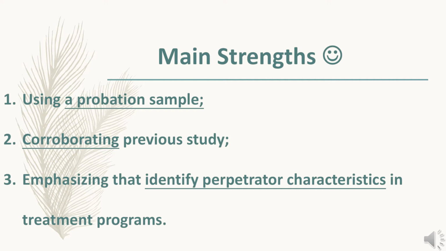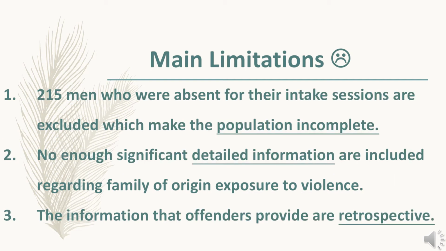This article is important in order to identify perpetrator characteristics that should receive attention in treatment programs for domestic violence perpetrators. Although this article almost achieved the target, it still has some limitations.